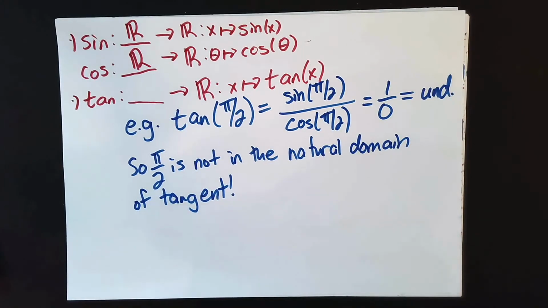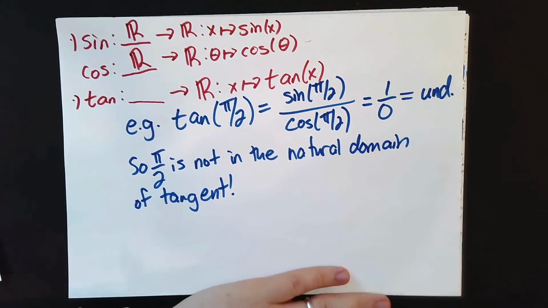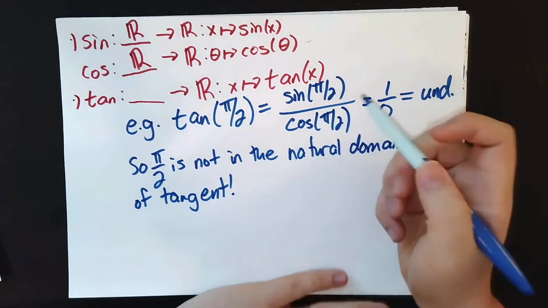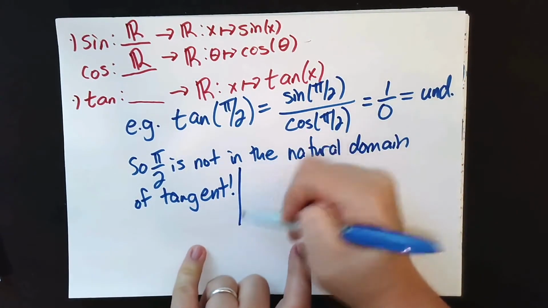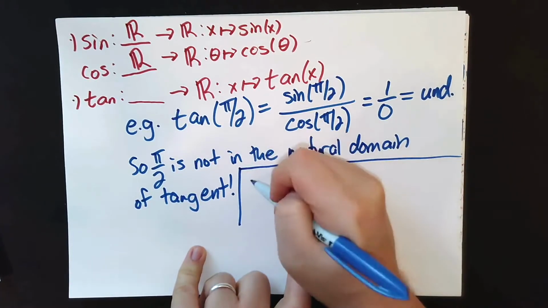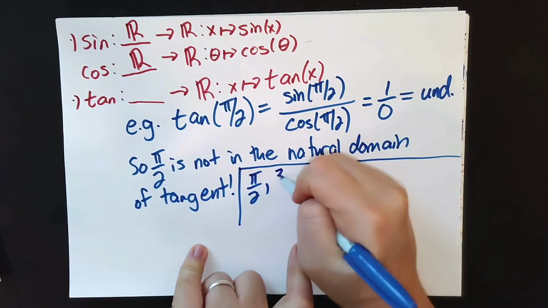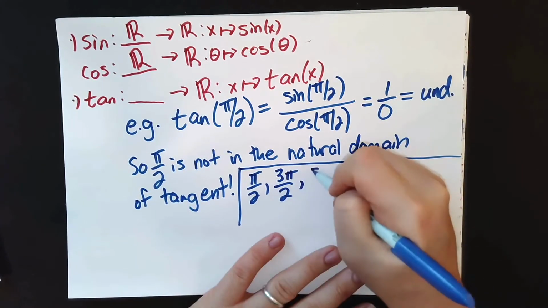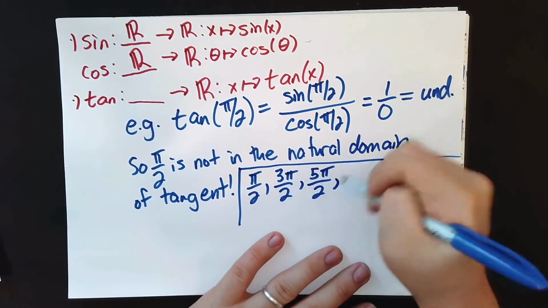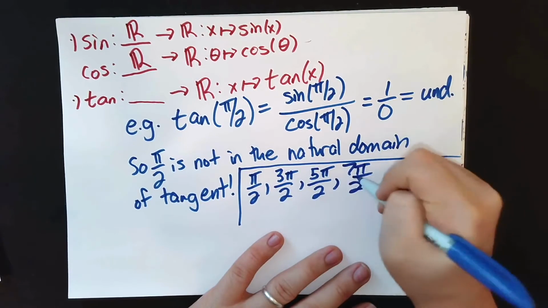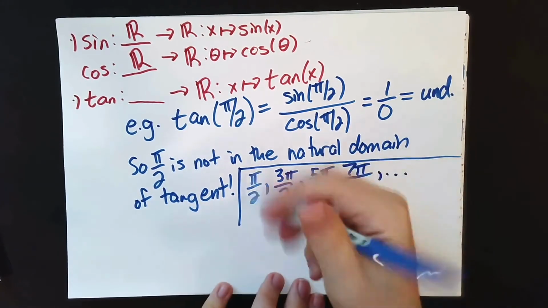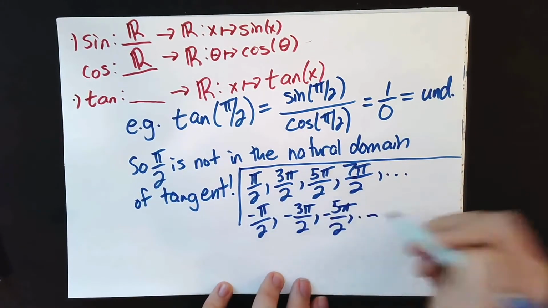Now what this means is that when I go to write down the natural domain of tangent, it's going to be a little bit annoying to describe, because what are the other things that are not in the natural domain of tangent? Well, pi over 2, what's the next one? 3 pi over 2 is the next one, actually. 5 pi over 2, 7 pi over 2, and so on, but also in the other direction.